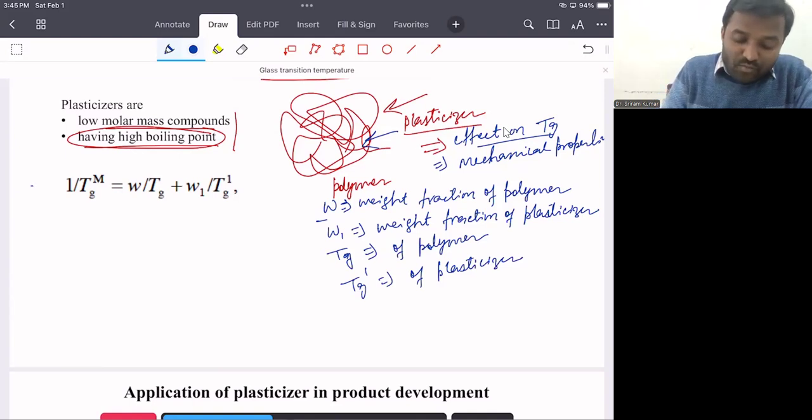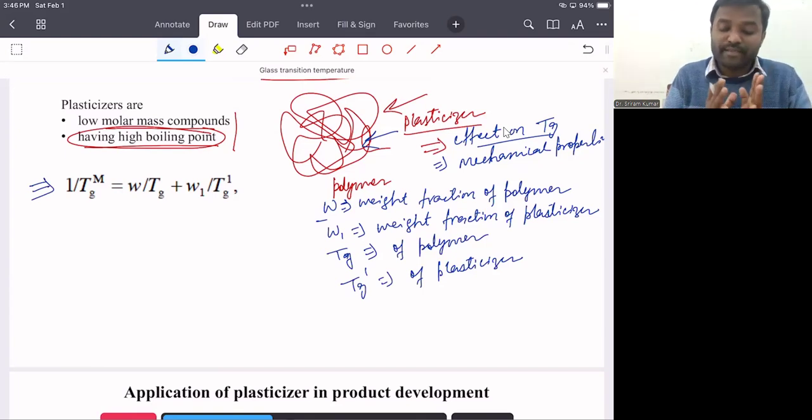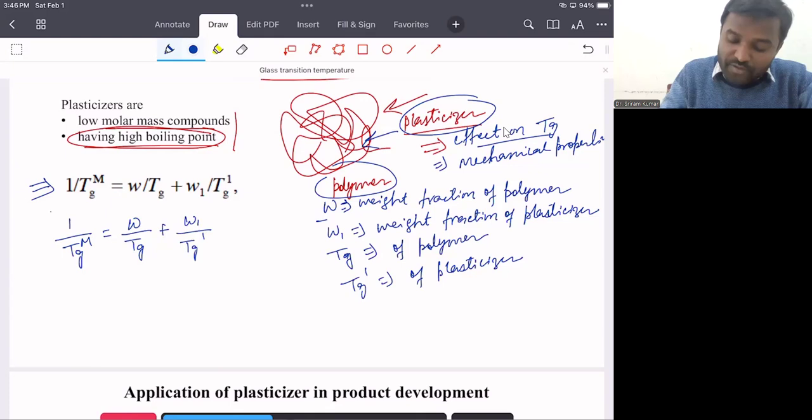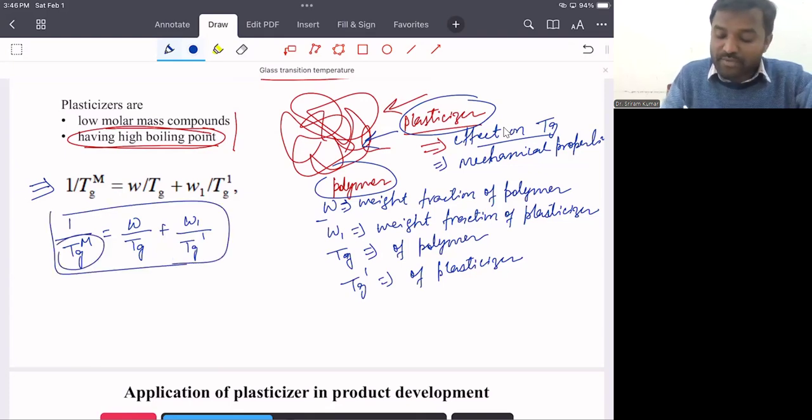So using this formula, we can calculate the glass transition temperature of the mixture of the polymer and the plasticizer. Here we have 1 upon Tg for the mixture, and we have W upon Tg1. If we use this formula, we will get the glass transition temperature.